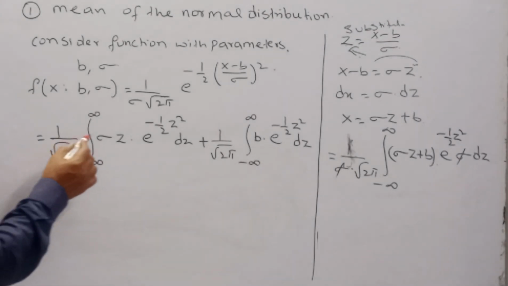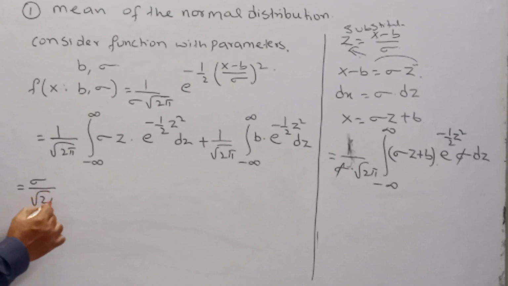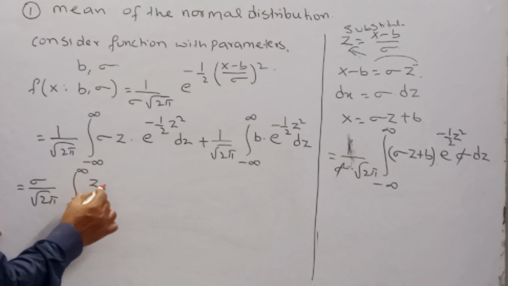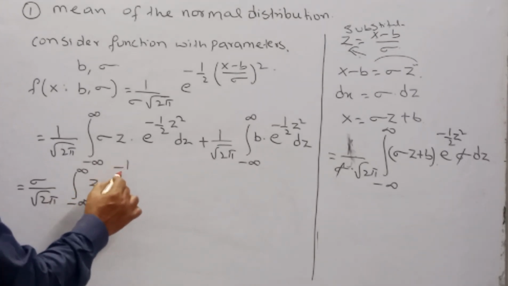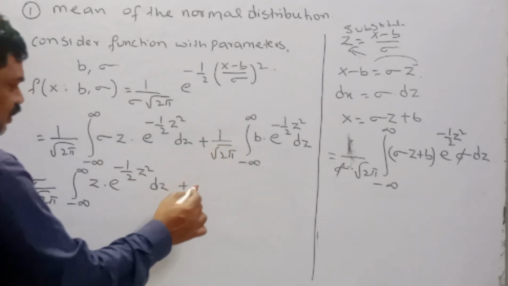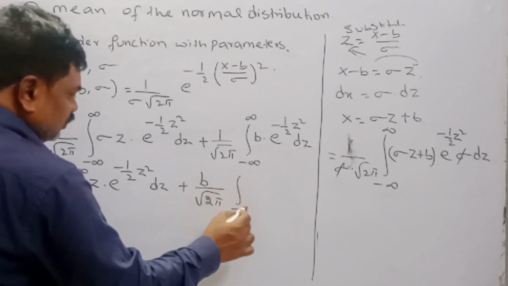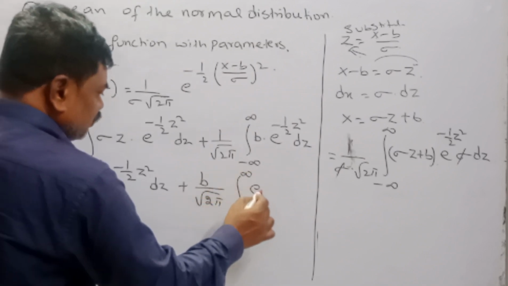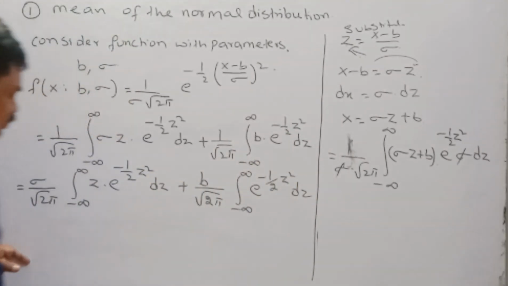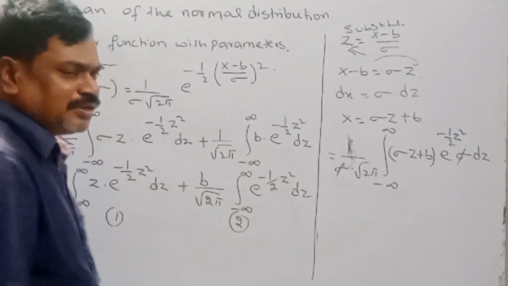In this one, sigma is common. So sigma by root 2 pi integral minus infinity to plus infinity z into e power minus 1 by 2 z square dz plus b by root 2 pi integral minus infinity to plus infinity e power minus 1 by 2 z square dz. This is the first integral. This is the second integral.